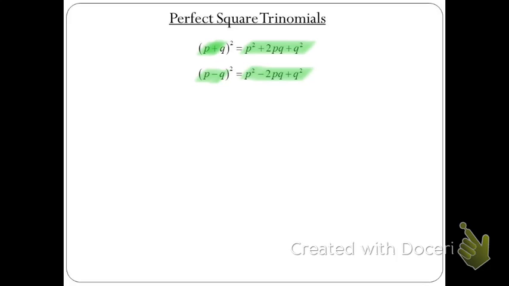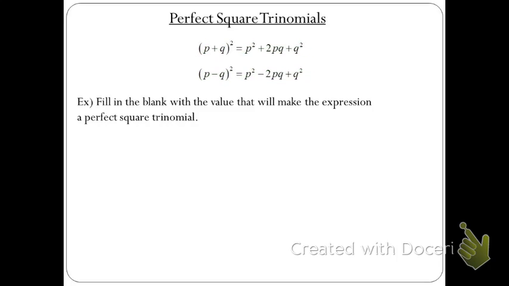Now you're going to see this in practice right now. I'm going to give you several expressions, and what we're going to do is fill in the blanks in each of those expressions with a value that would make the expression a perfect square trinomial. And in order to do that, you're going to follow a simple process.